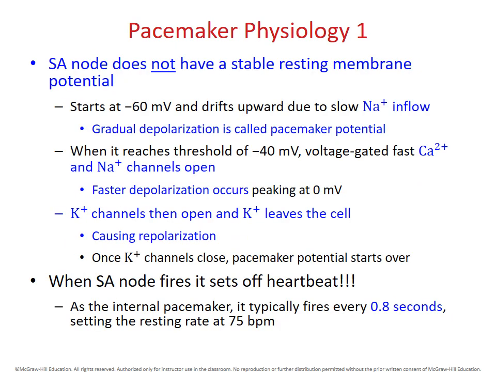Part of the reason why your pacemaker works so fantastically is because those cardiomyocytes, those cells clustered together in the top part of your right atrium, do not have a stable resting membrane potential. Because they don't have a stable resting membrane potential, they're very easy to excite, which makes them excellent candidates for initiating that electrical current or action potential.